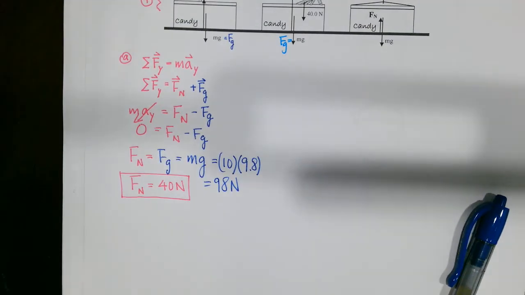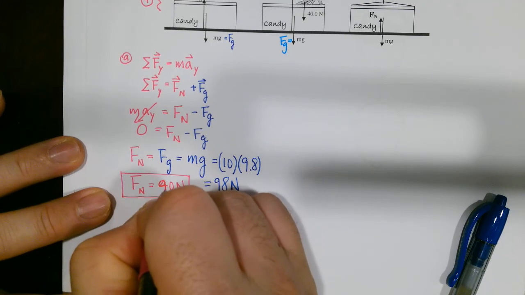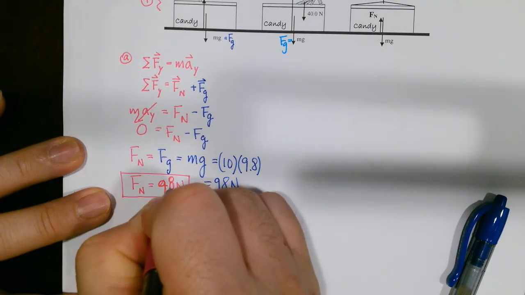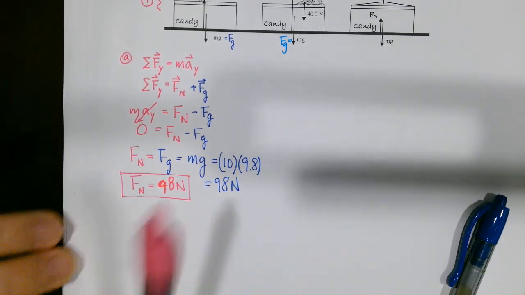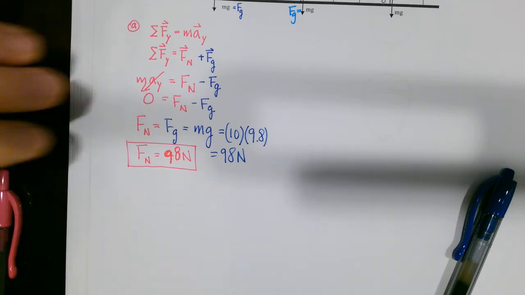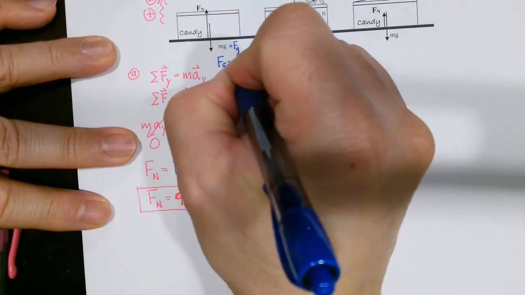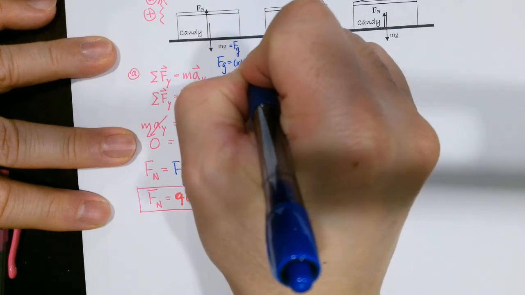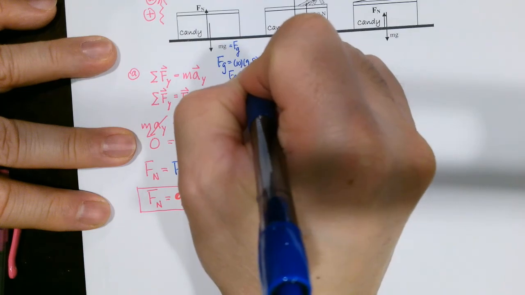Sorry. So the F normal should be 98 newtons. Okay, 98 newtons. Since Fg is equal to 10 times 9.8, Fg is equal to 98 newtons.